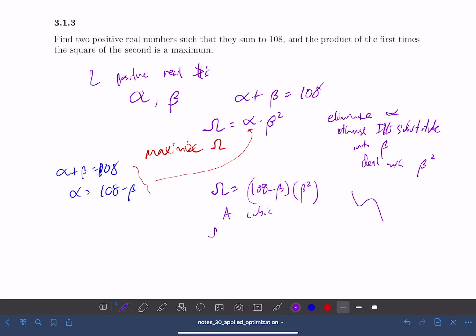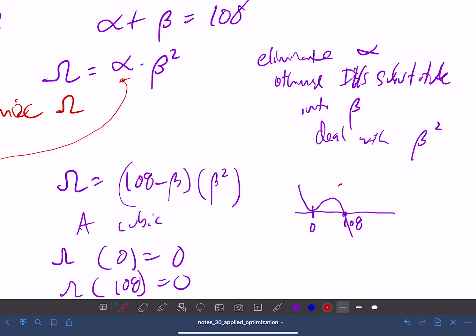Omega of 108 equals 0. That means that we can expect our maximum to be somewhere in there. Should we conjecture that it's 54? I think we should conjecture it's 54.